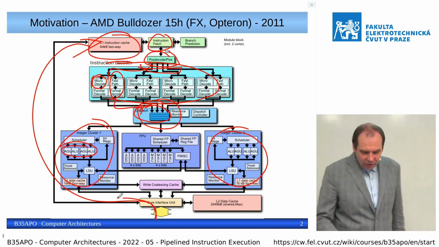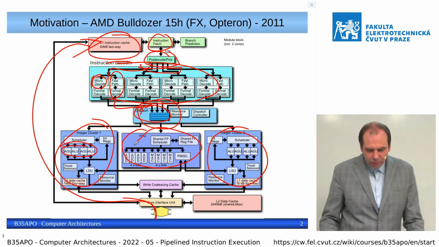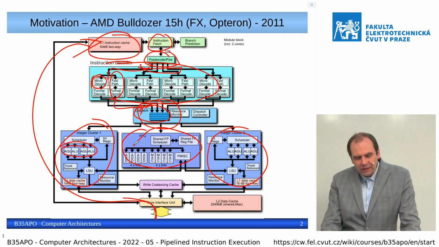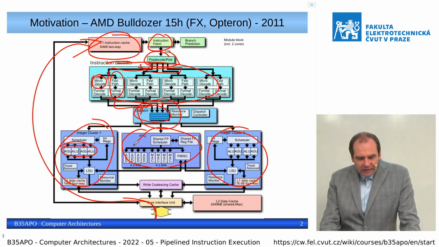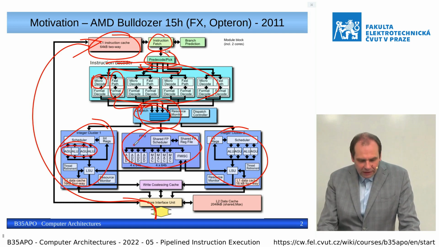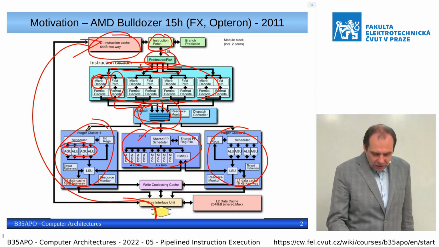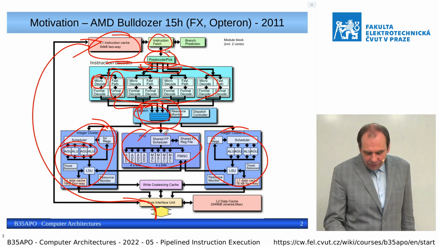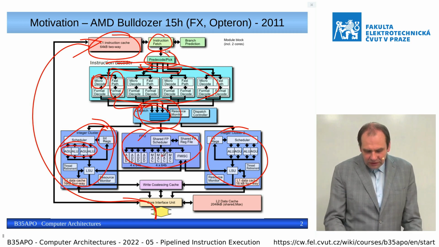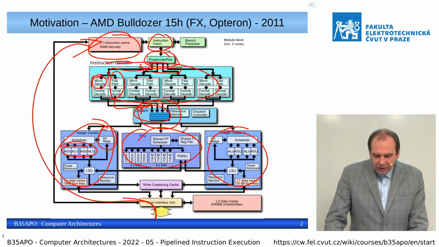What is interesting in this architecture is that the floating point part of the CPU is shared between both execution cores. So we can execute 2 programs in parallel. Each of them has its own general purpose integer register file, but the floating point registers, renames, and so on are shared between both execution cores.